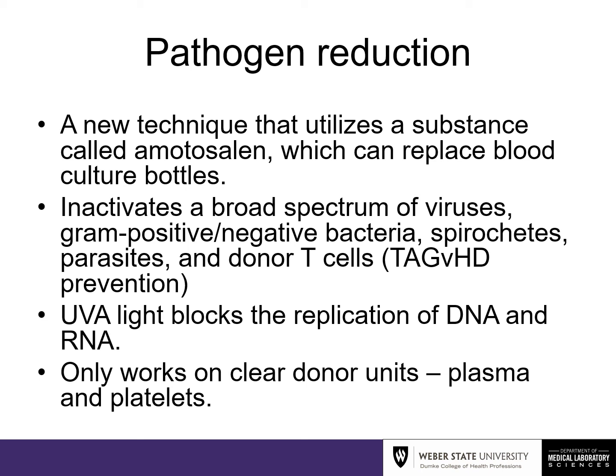Once the amotosalen is exposed to UVA light, it binds and irreversibly blocks the replication of DNA and RNA, basically binding the nucleic strands together so they can't replicate. This only works on clear donor units, such as platelets and plasma. This is due to shadowing. An example is that the UVA light cannot penetrate a red blood cell.